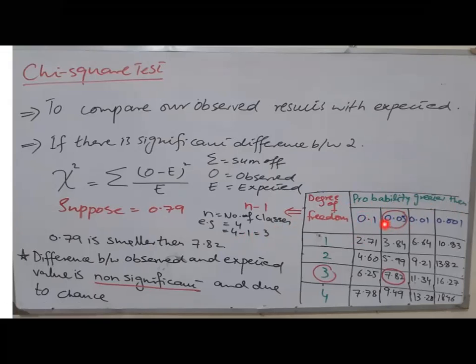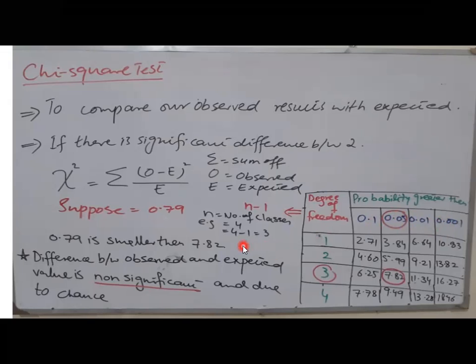It is very negligible. Or 0.01 means 1 out of 100 error, or 0.001 means 1 out of 1000. That is a very negligible amount. So in biology, we take the 0.05 probability.